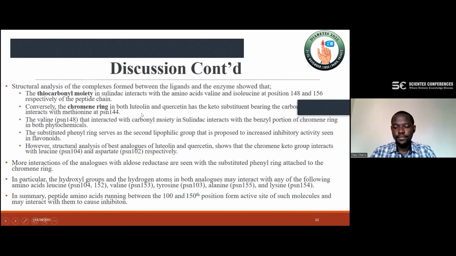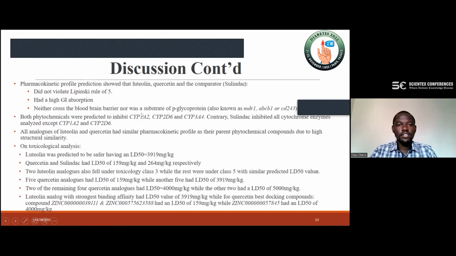On pharmacokinetic profile, we have discussed most compounds did not violate Lipinski rule of 5, which is one of the requirements for drug discovery. They had a high GI absorption, meaning we could formulate them as oral drugs. Neither crossed the blood-brain barrier nor was a substrate of P-glycoprotein.